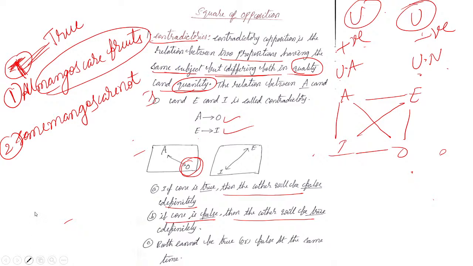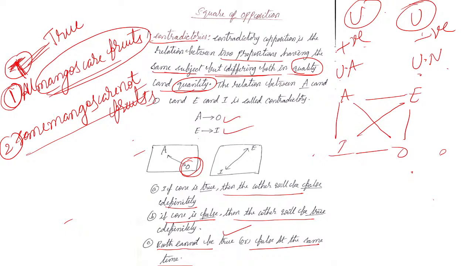In practice also it is true, right? Both cannot be true or false at the same time. Statement type questions also will come from this square of opposition. Please try to understand. I am clearly explaining. In this square of opposition, both cannot be true. How can both become true? All mangoes are fruits and some mangoes are not fruits. We cannot say that at the same time, right?